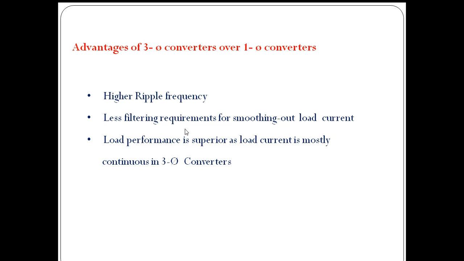The requirement for filtering components and circuits is reduced in three-phase circuits. And the load performance is superior, as the load current is mostly continuous in three-phase converters, depending on the firing angle and the type of load.